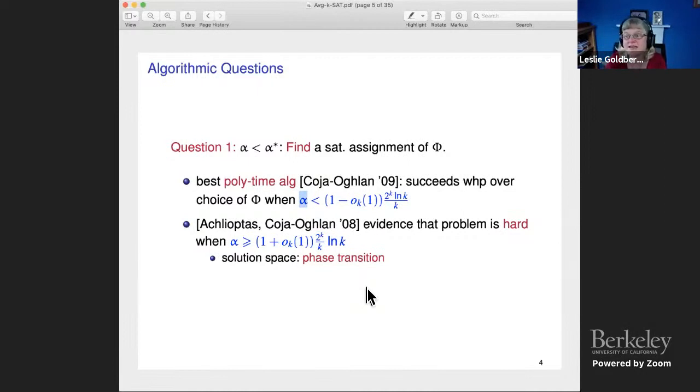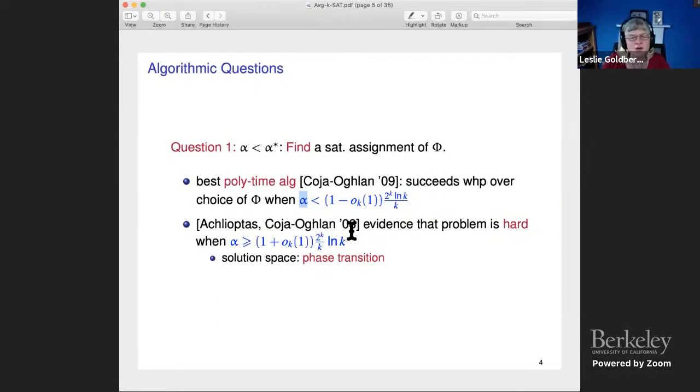So remember, the satisfiability threshold was about 2 to the k times the log of 2. And Amin's work here is saying that as long as alpha is at most that divided by k, then you can actually find a satisfying assignment.